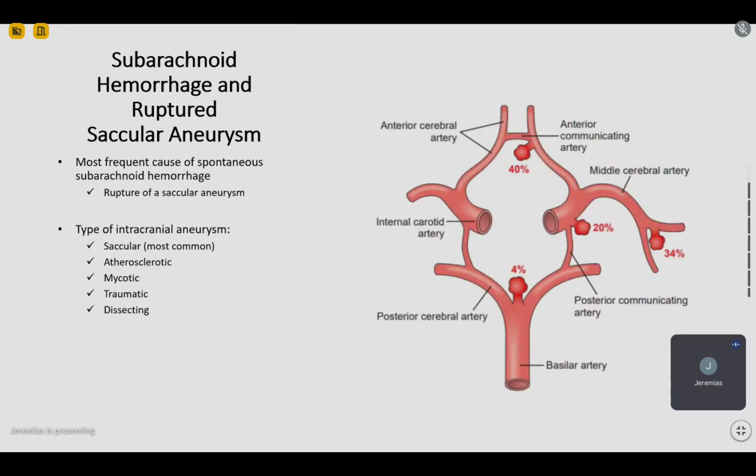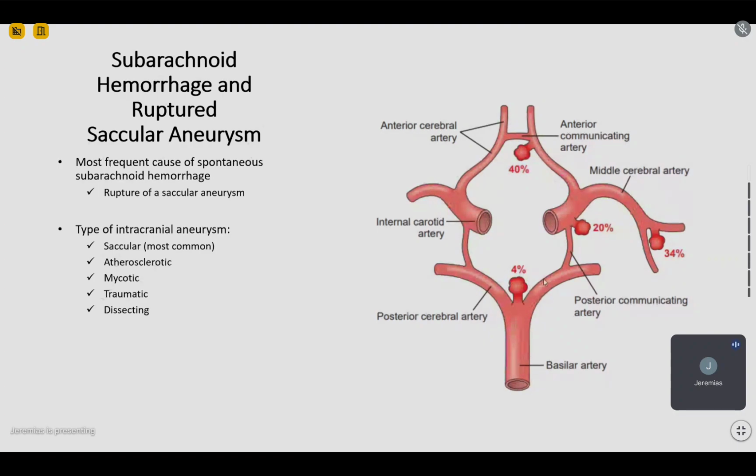Then we have the subarachnoid hemorrhage and ruptured saccular aneurysm. So the most frequent cause of spontaneous subarachnoid hemorrhage is the rupture of aneurysm, particularly a saccular or berry type aneurysm in a cerebral artery.